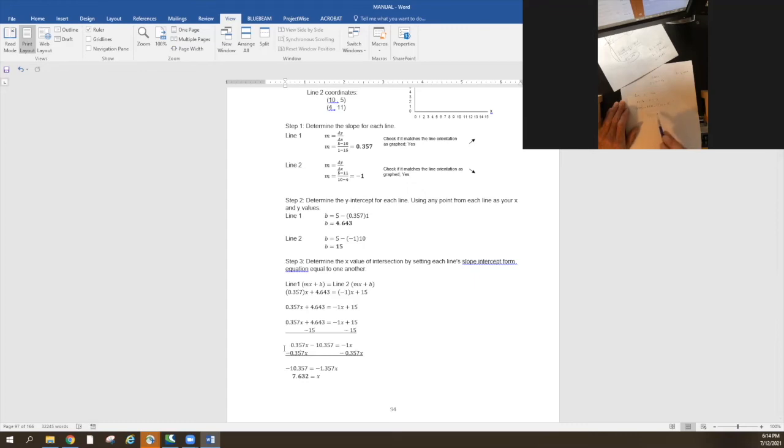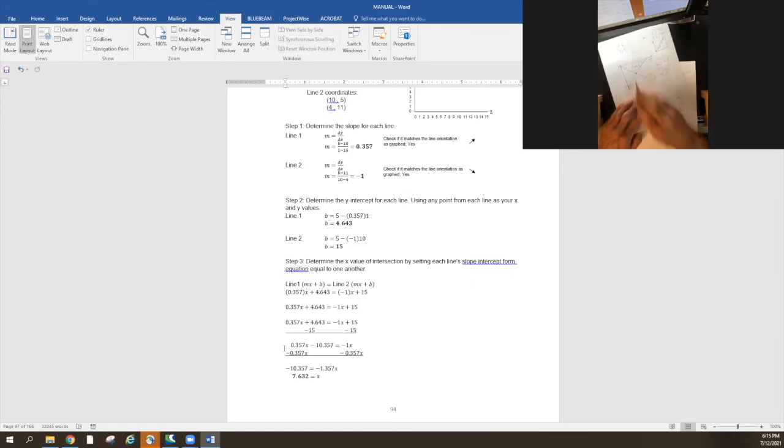And that tells me the coordinate for this value right here. I don't know y yet, but I know that x equals 7.632.